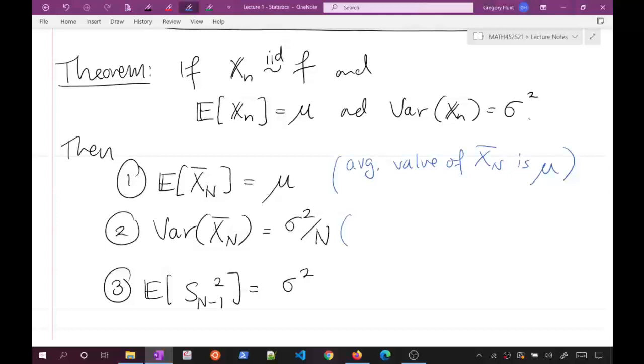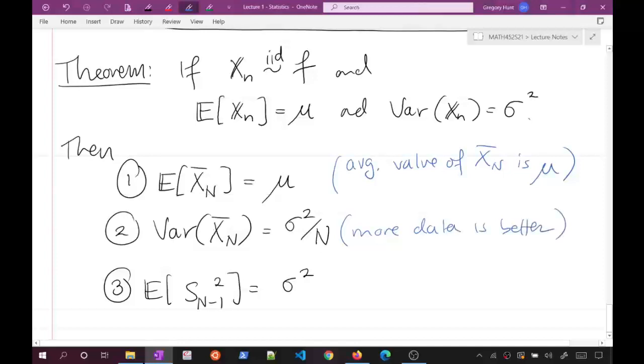On average, though, it will get it right. And the variance of the estimate will decrease as the sample size increases. As n, my sample size, increases, the variance will go down like 1 over n.